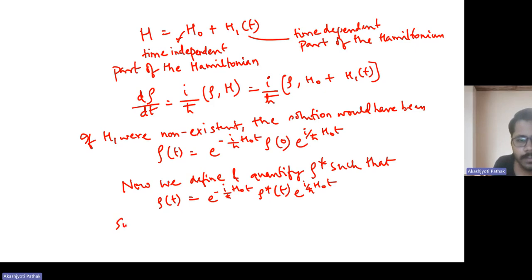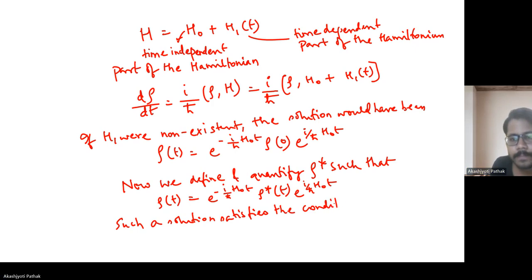What is it telling? Such a solution satisfies the condition that at t equal to 0, rho and this new parameter are identical.